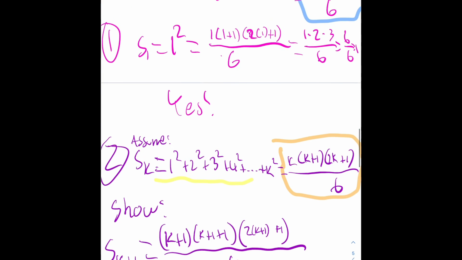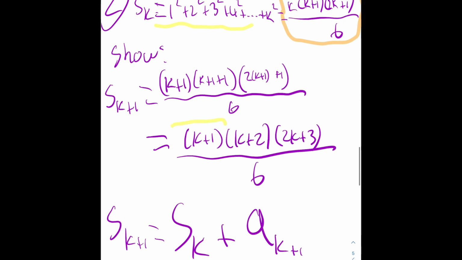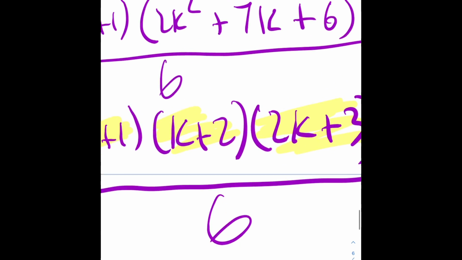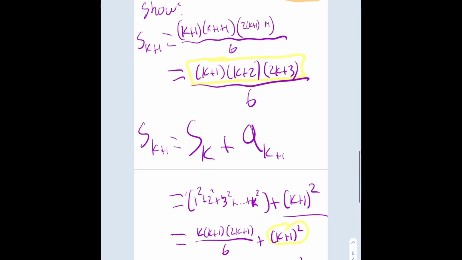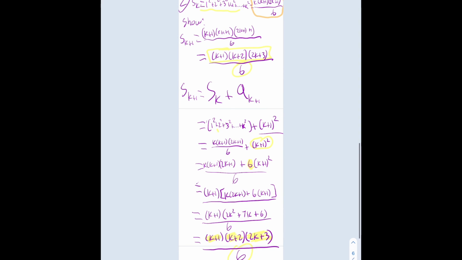If I look at my 3 terms on top and what we started with, yes, it's the next term, and we still have the same denominator. So yes, it is true, because when we plugged in k plus 1, we got the same thing as when we had S sub k. So we proved that it was true.